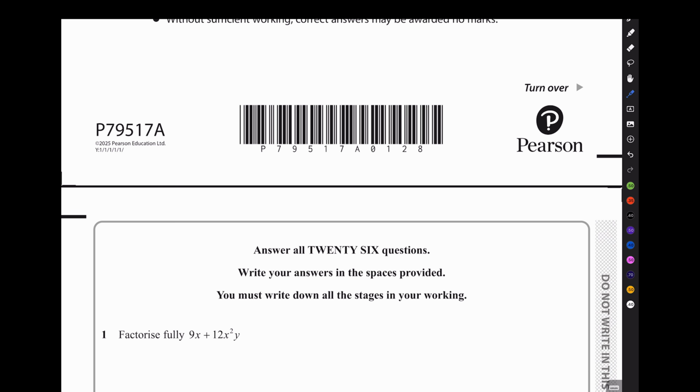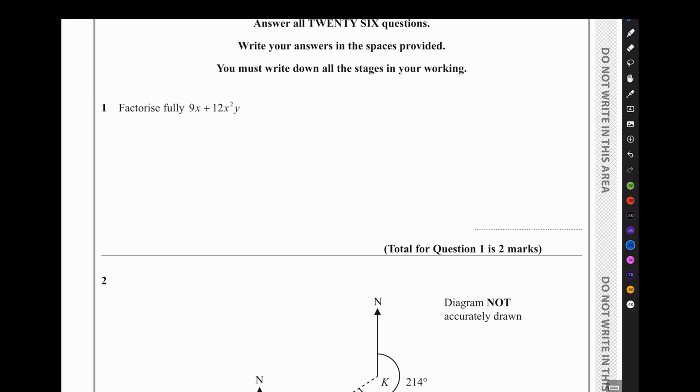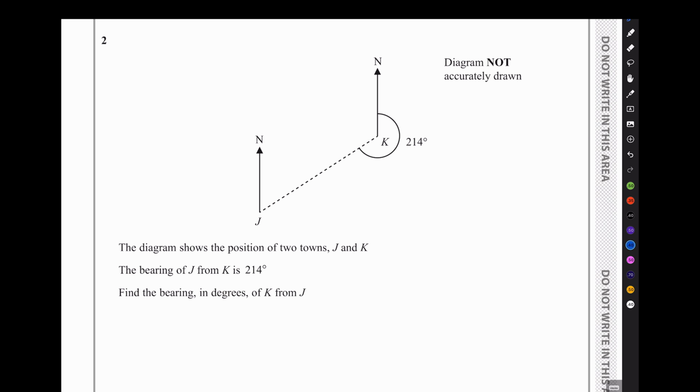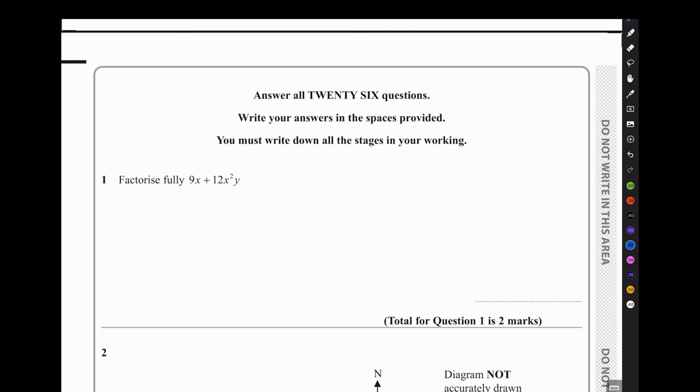Okay, so the first question. For Matthew, the first two questions are extremely easy, so don't get too cocky, don't get overconfident. The first questions are always easy, and the hard part usually starts after question number 20, 21.